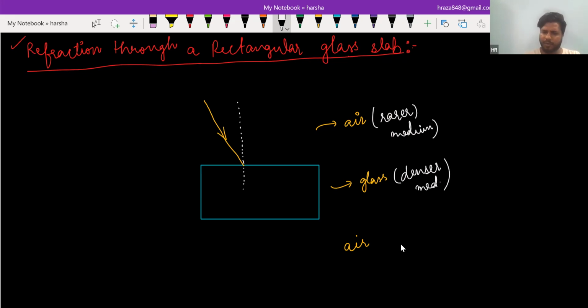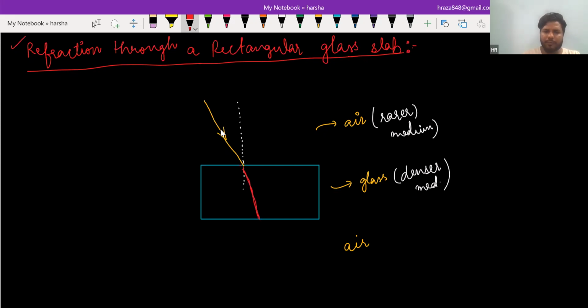Again, it comes into air. So air is basically rarer medium, that I already told you. What I want to tell you is that when a light ray comes from rarer to denser medium, it bends towards the normal.